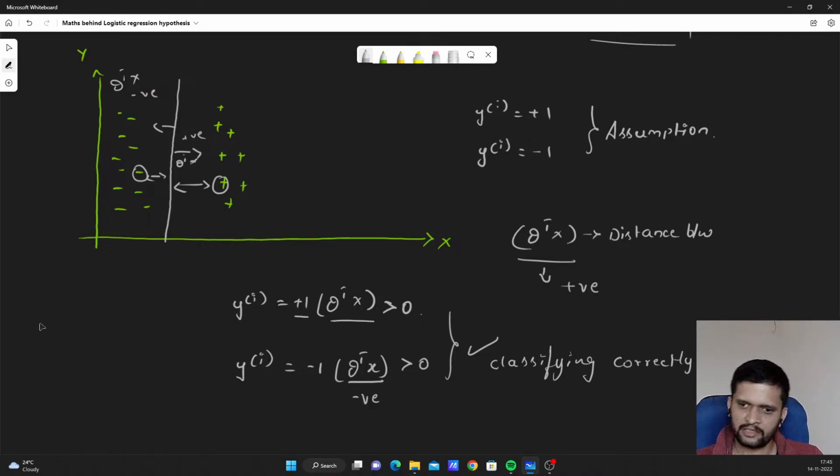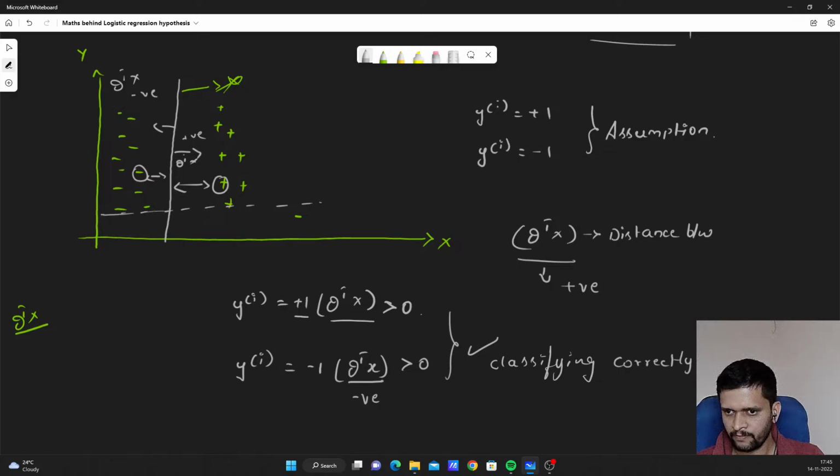Now what happens if there is a data point which is negative, at this particular part of this line. While we calculate theta transpose x using the linear regression hypothesis, we end up discarding this particular line, and instead we may come across this particular dotted line here.